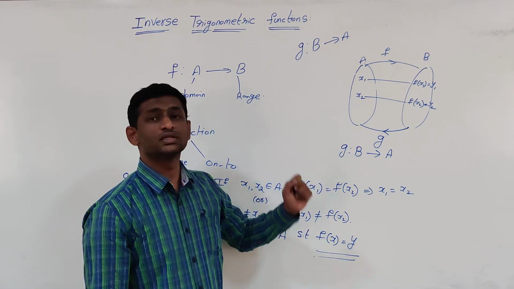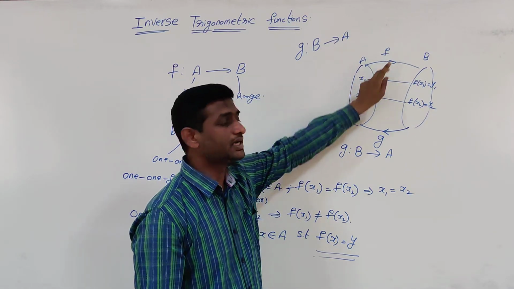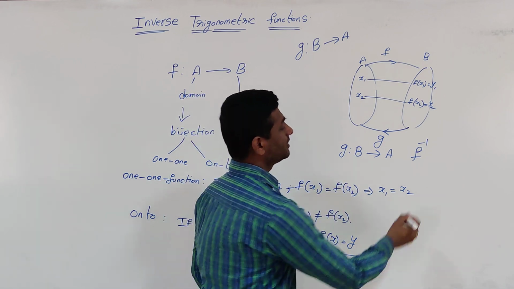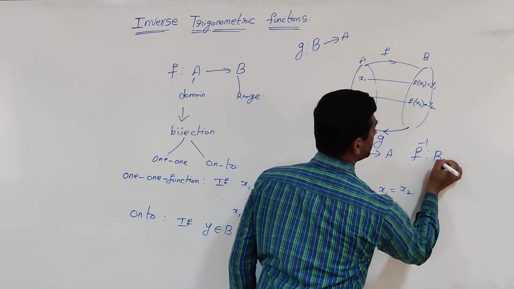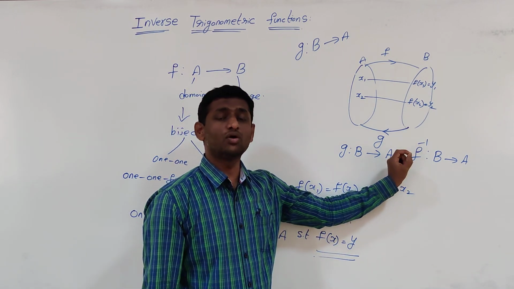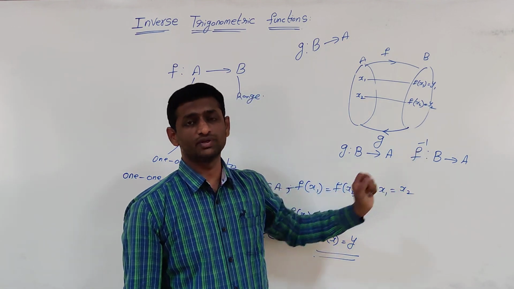This function is called the inverse of the function f, and it is denoted by f inverse. That is, f inverse is a function from B to A, where B is the domain for f inverse and A is the range for f inverse.